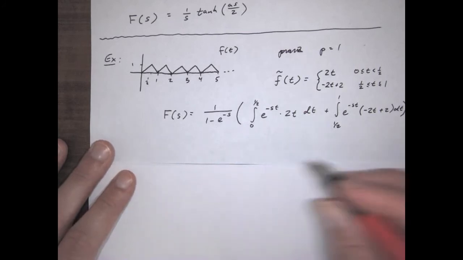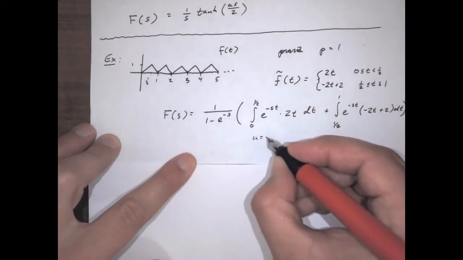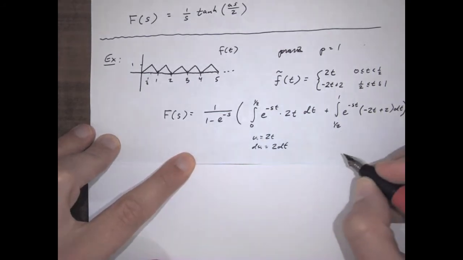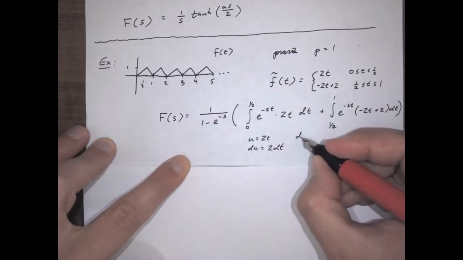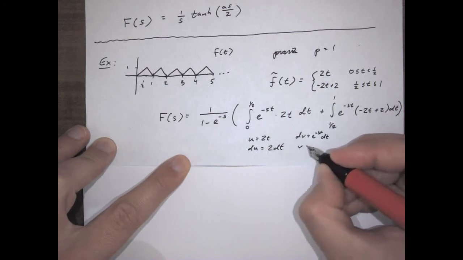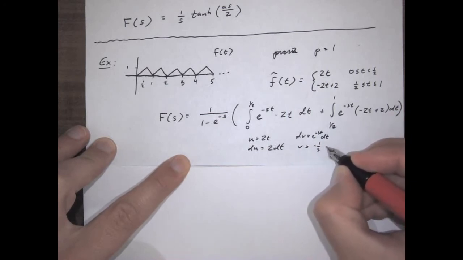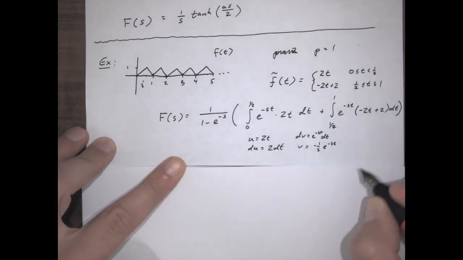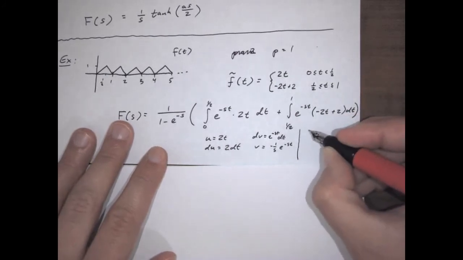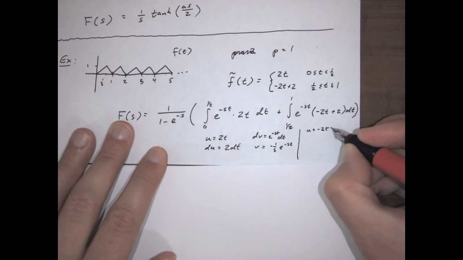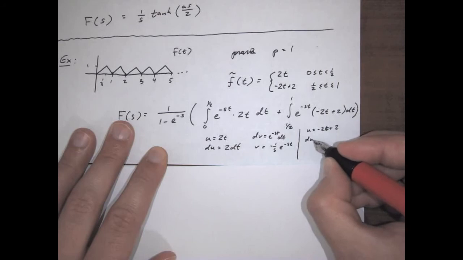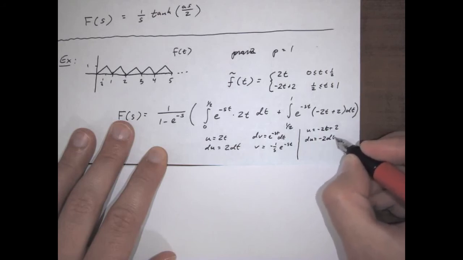So for this one, u is equal to 2t, du then will be 2 dt, and dv is equal to e to the minus st dt. v then will be negative 1 over s e to the minus st. For this other one, my u will be negative 2t plus 2, and my du correspondingly will be negative 2 dt.